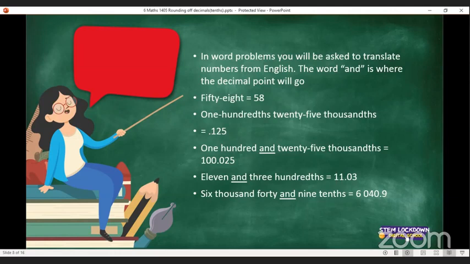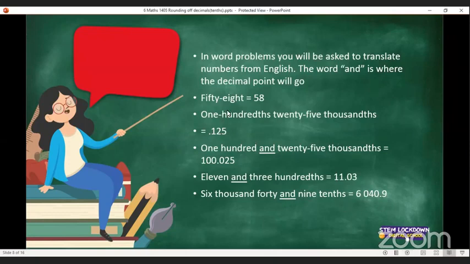Right here you have 5 and 8, you write it in this form. And you have 125,000. So that basically means that there's a point and no number before that point, it's 0.125. Right?